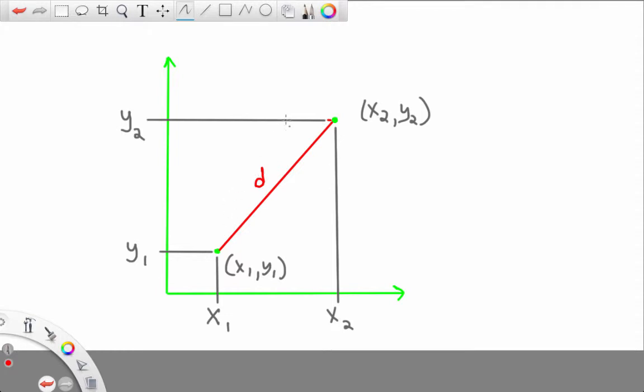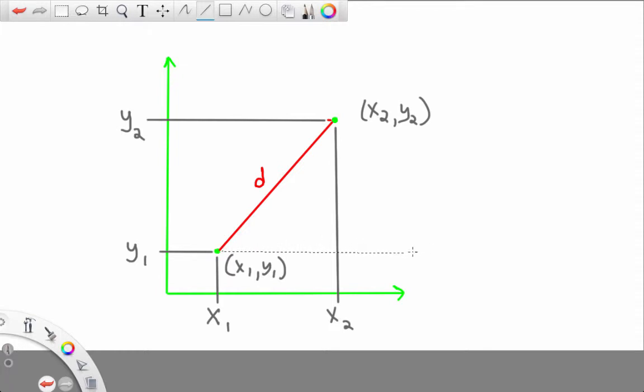And all we need to do is follow the same analysis that we did previously. Namely, I'm going to continue to extend this line through this point down here.